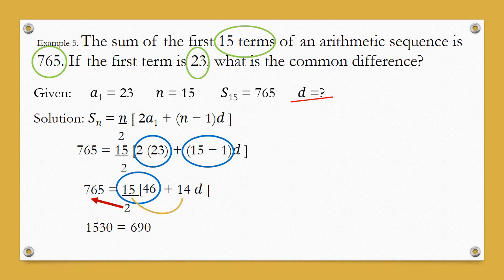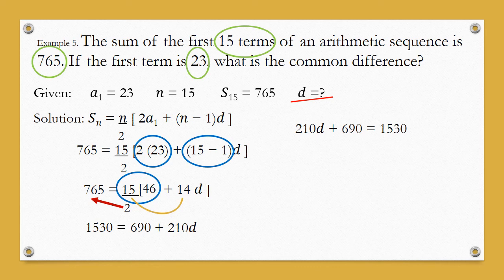Then 15 times 14d is equal to 210d. Okay. So now, what we need to find is d. We can now rearrange. Okay. What is on the right side, we put on the left side because that has the unknown value. Then what is on the left side, we put on the right side. So it goes like this: 210d plus 690 equals 1,530.